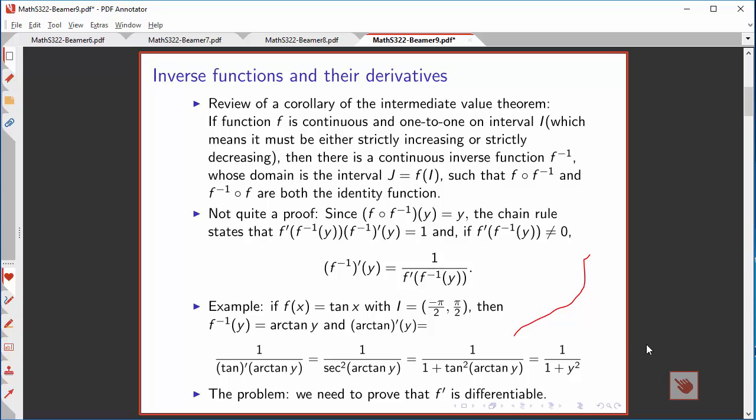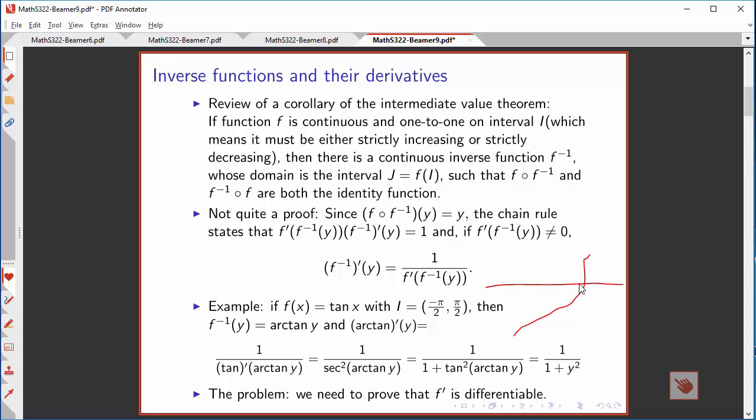Here is the graph of such a function. That's supposed to be a horizontal line. If the function's continuous and either strictly increasing or strictly decreasing, it crosses this horizontal line once and only once.